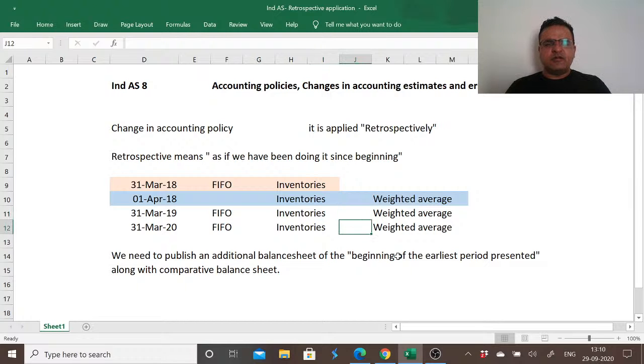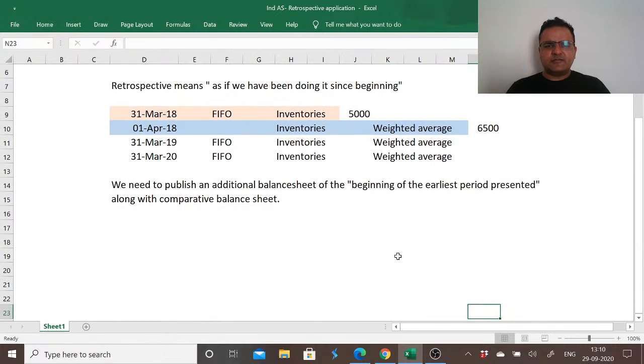Now this recalculation is done on cumulative basis. Suppose FIFO's valuation was 5,000, we recalculate the same since beginning, and we got to know that weighted average valuation is say 6,500. So what we did, we simply made an adjustment into retained earnings. We increased the value of inventories account.